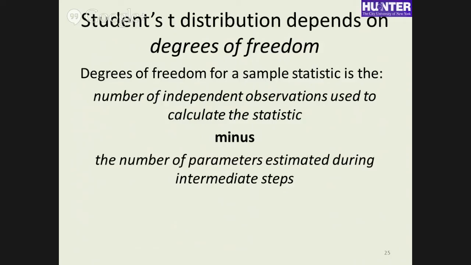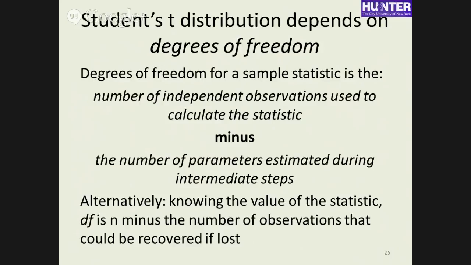You can figure them both out without using extra degrees of freedom. Or this alternative definition that I like: the number of observations that you can recover if lost, based on the statistics that you calculate.